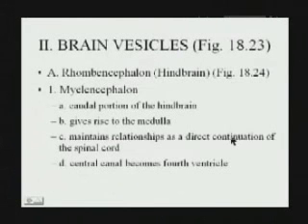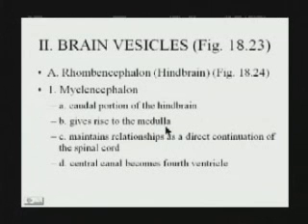So to dive deeper into the development of the brain vesicles, we'll look at each of the sections individually. And so we'll start with the rhombencephalon, and in particular the myelencephalon, which, as I said, is the caudalmost part of the hindbrain.